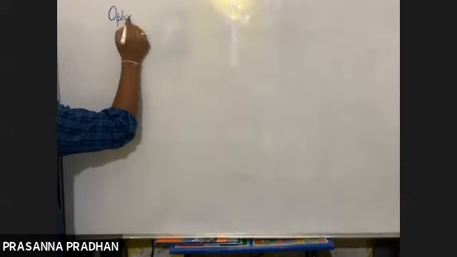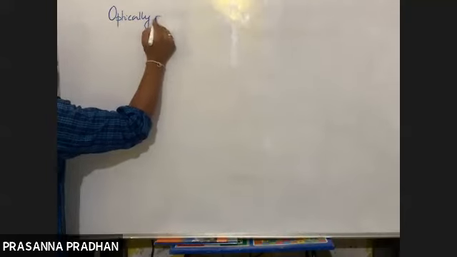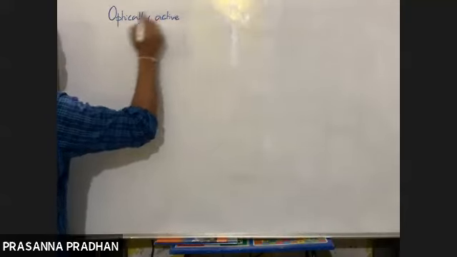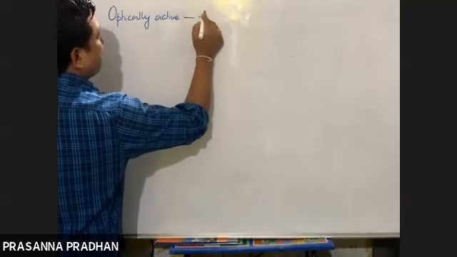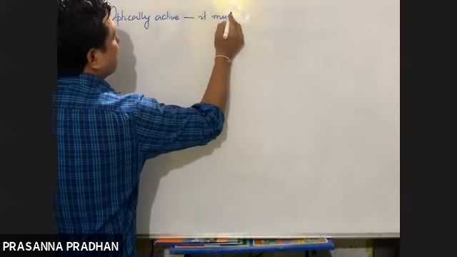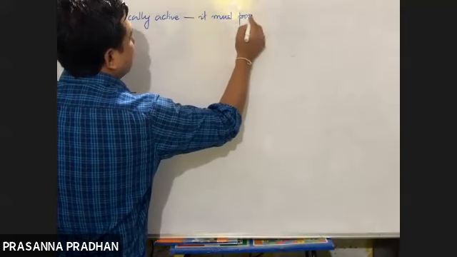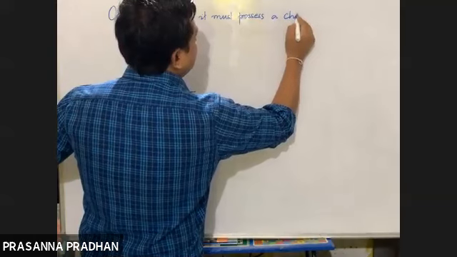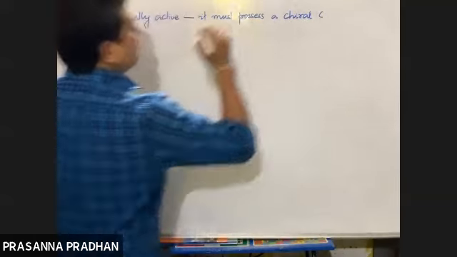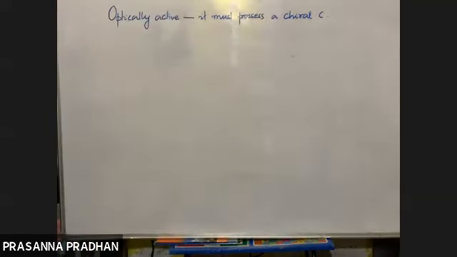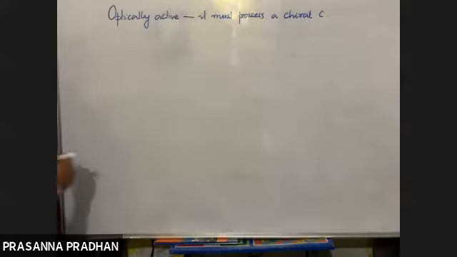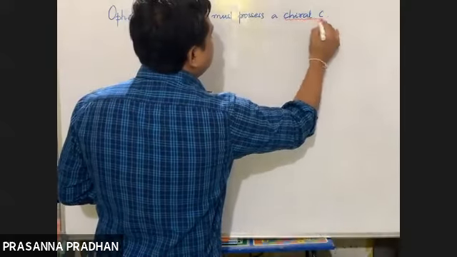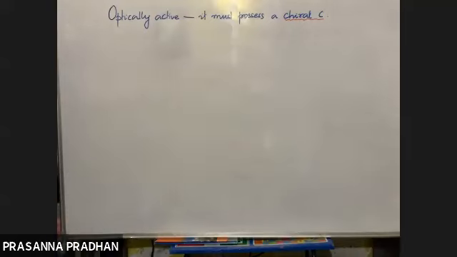For an organic molecule to be optically active, it must possess a chiral carbon. It must possess at least one chiral carbon.